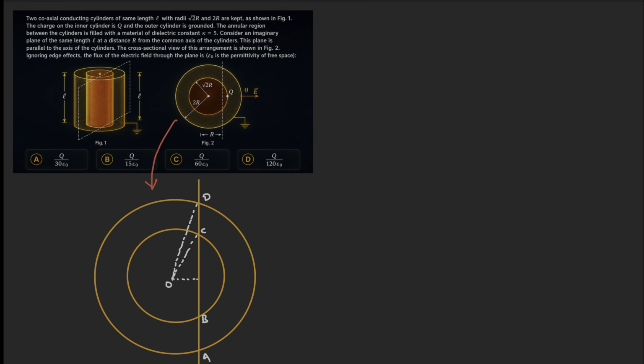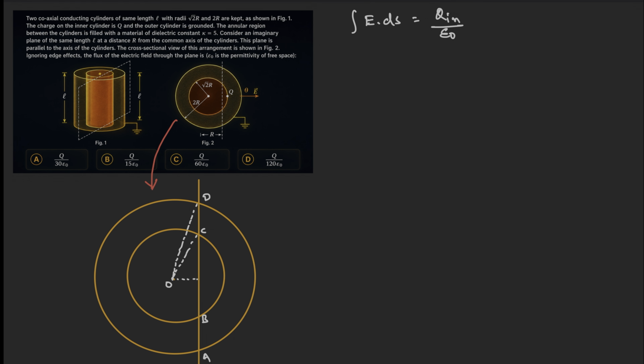If you see at the bottom left, I have this handy diagram going on. You need to find the flux through the vertical plane cutting through these coaxial cylinders, right? Now we know that Gauss's law says that the flux is either the integral of E dot ds, or it is equal to the charge enclosed divided by epsilon naught, right?